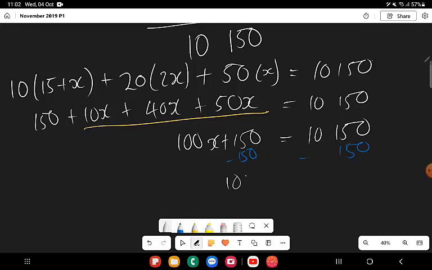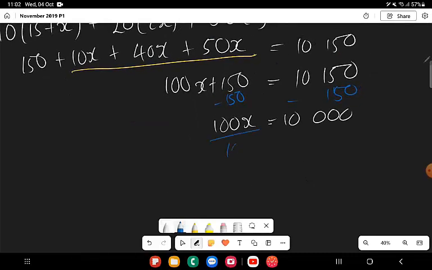So 100x is equal to 10,000 Rand. Then I divide both sides by 100. So I cancel 2 zeros and I cancel 2 zeros. So x is equal to 100.